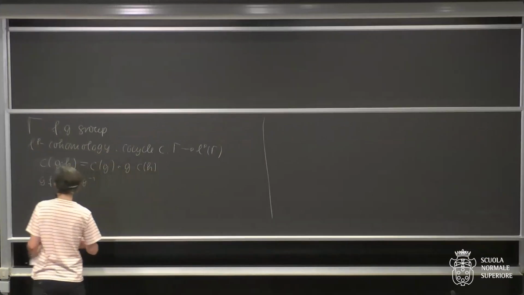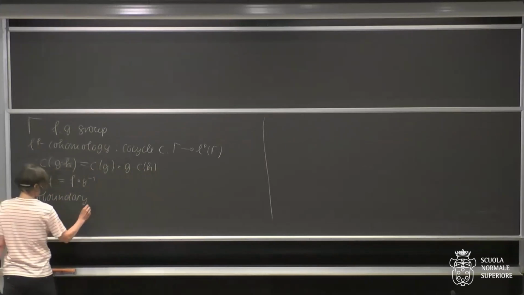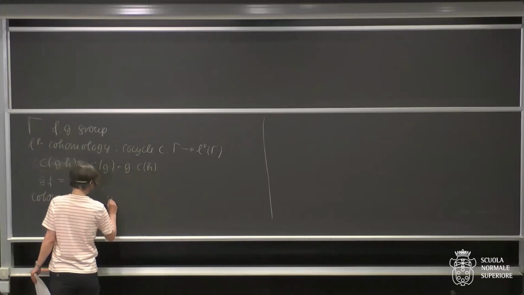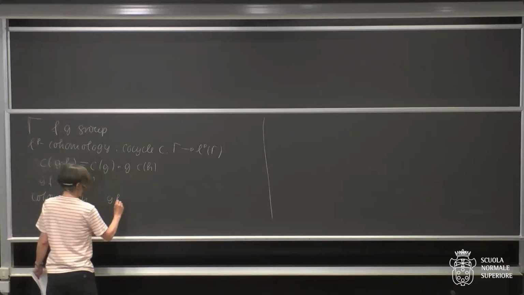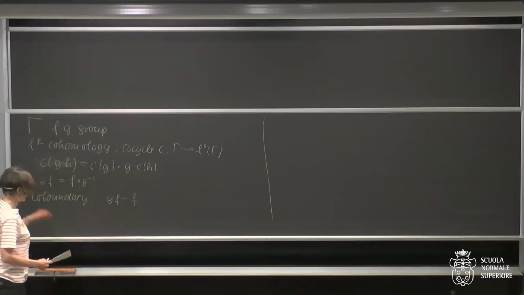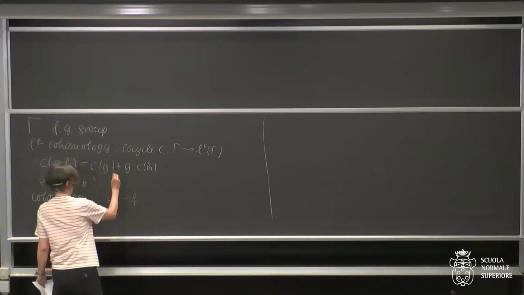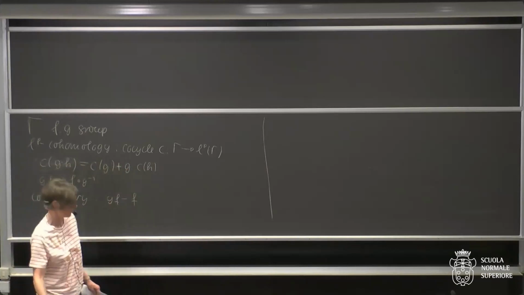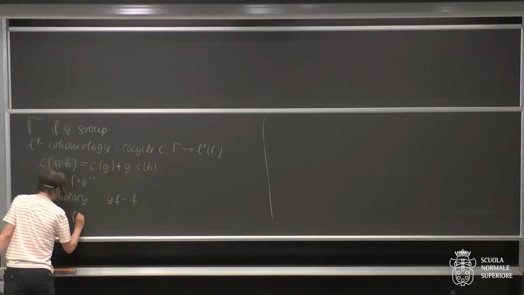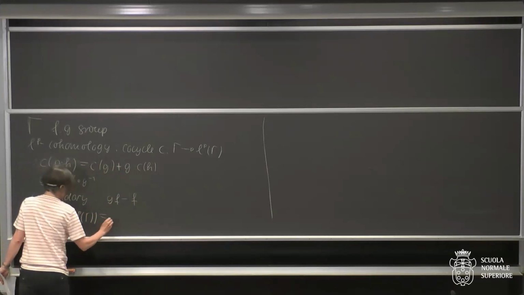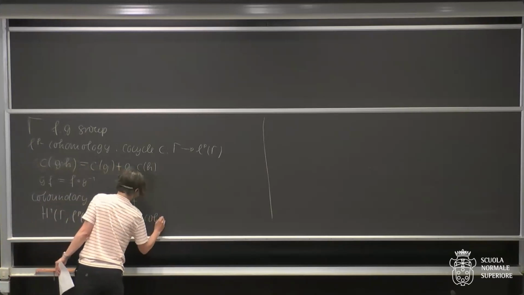Now, what is a coboundary? A coboundary is a cocycle which can be written as g f minus f, again writing the action of g on functions from the left. This is a special type of cocycle. Now we take H1 of Gamma with coefficients in Lp of Gamma, which is equal to cocycles mod coboundaries.